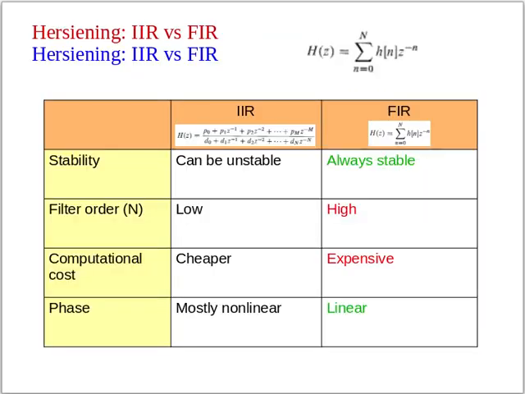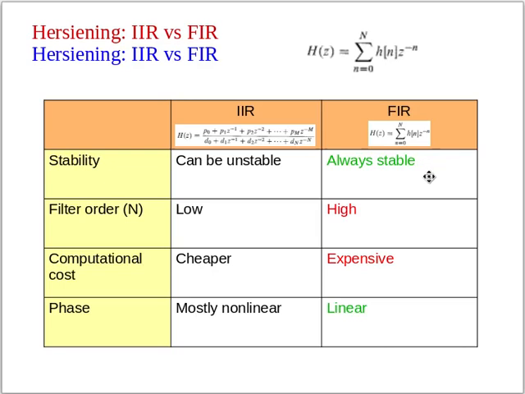In terms of a bit of revision, the difference between IIR and FIR filters, beyond the mathematical expressions for their transfer functions, is that a FIR filter is always stable. This is because it only contains a bunch of zeros.